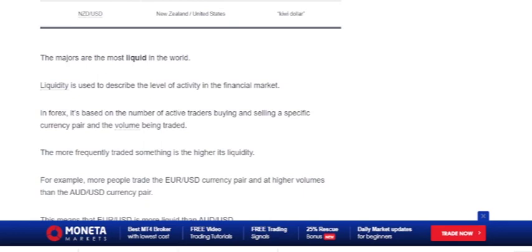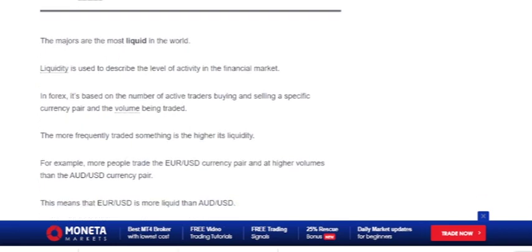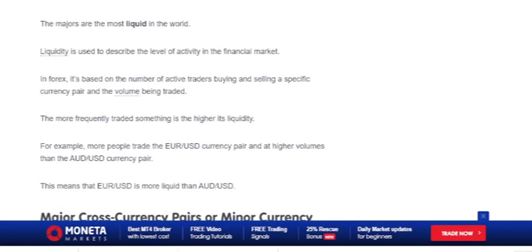In Forex, liquidity is based on the number of active traders buying and selling a specific currency pair and the volume being traded. The more frequently traded something is, the higher its liquidity.